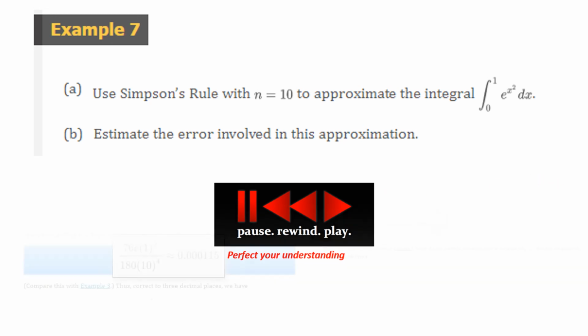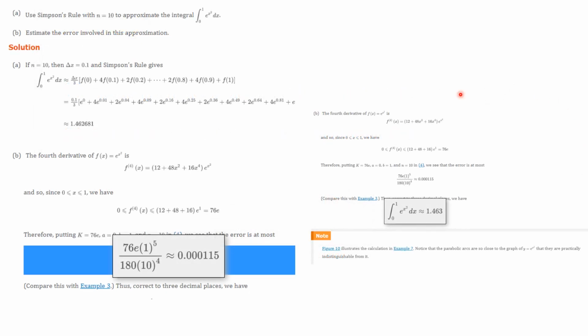Let's see how you did. Here is the work, and you should check your work with this. We get that the error is approximately this, and you can see that this is much smaller.